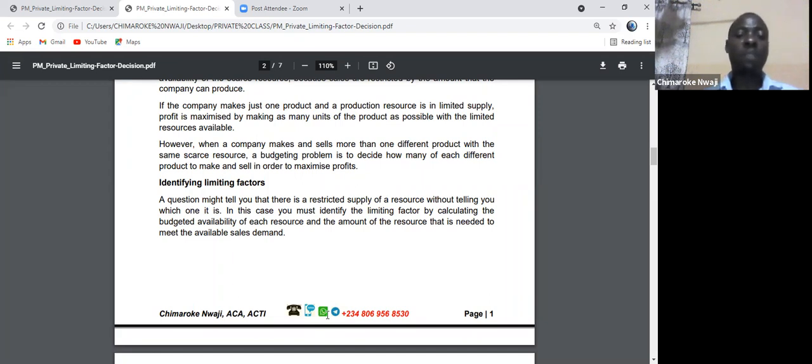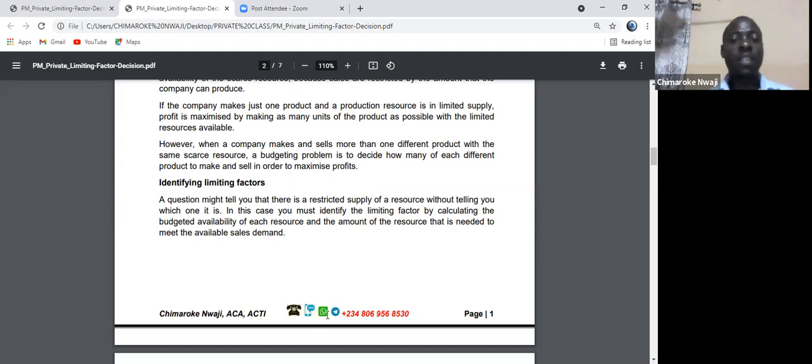Let's say, for example, the question could tell you that material available is 70,000 kg. They can also say labor available is 25,000 hours in a month.